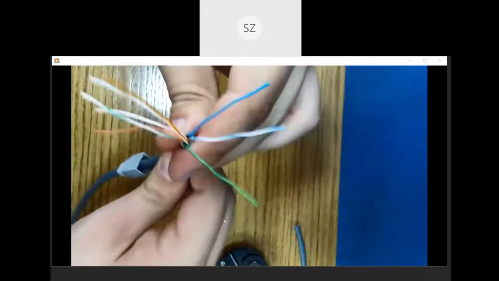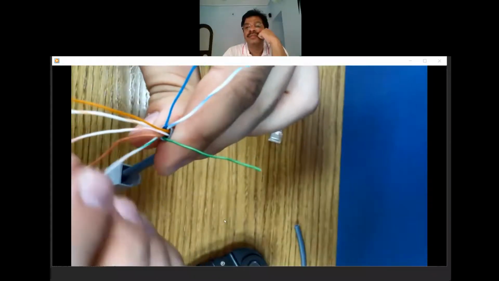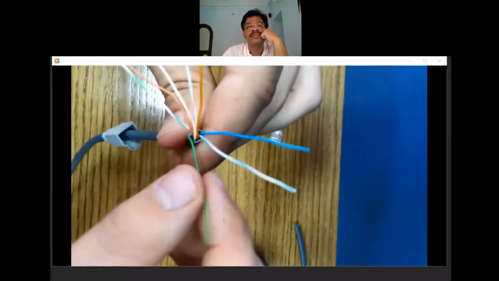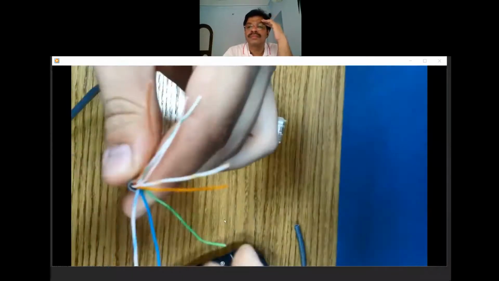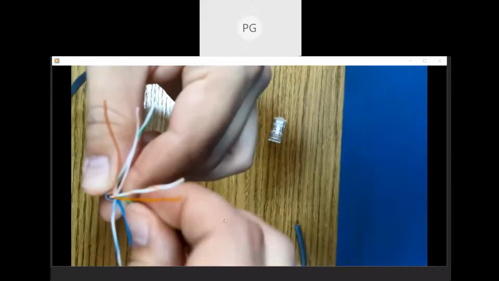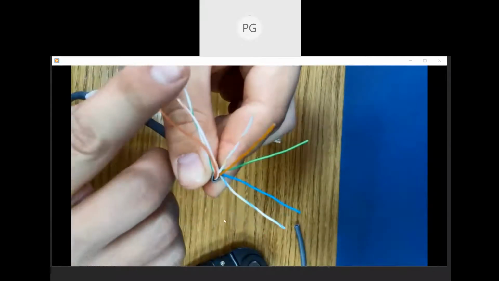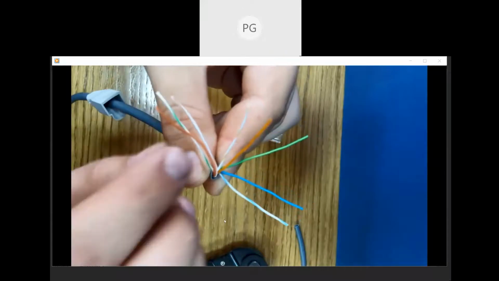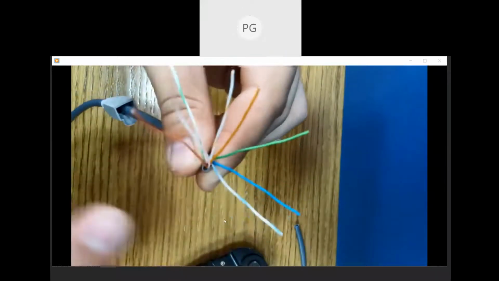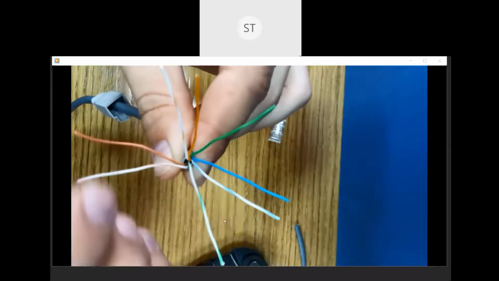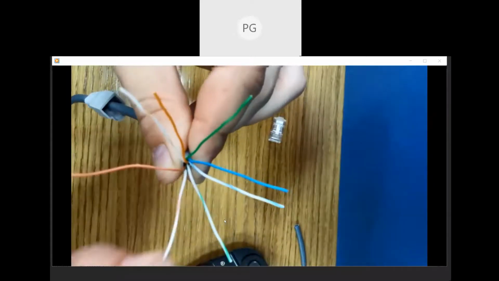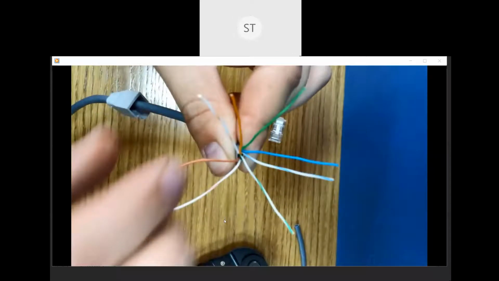Sujit, Sujay, yes, sir. Yes, Sujay, anything you want? Can you explain once again the straight through and crossover? Can you type it in the chat box?